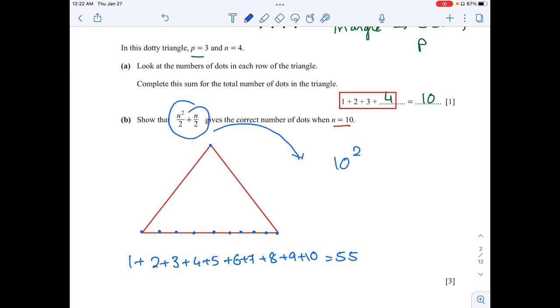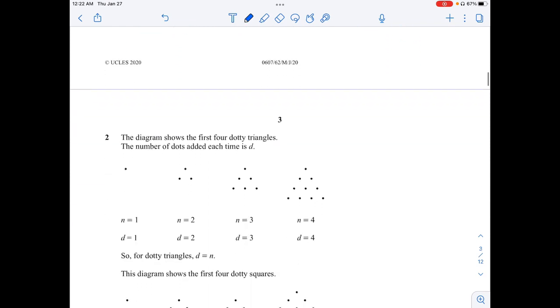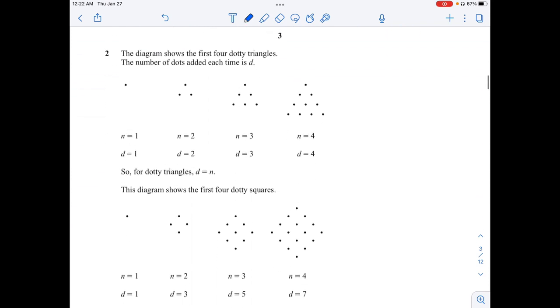So use n equal to 10: 10 squared upon 2 plus 10 upon 2, 100 upon 2 plus 5, which is 50 plus 5, which is 55. So the formula is correct. The number of dots formula for a triangle is n squared upon 2 plus n upon 2.